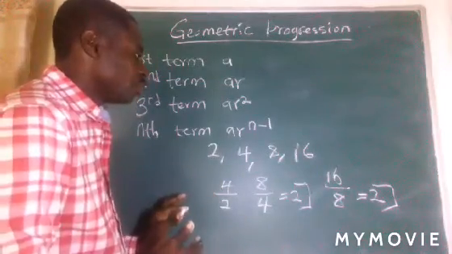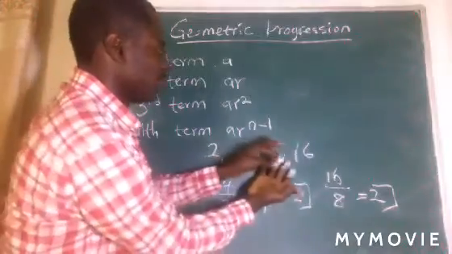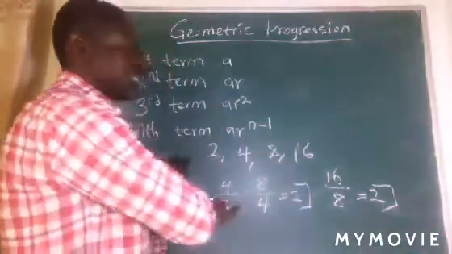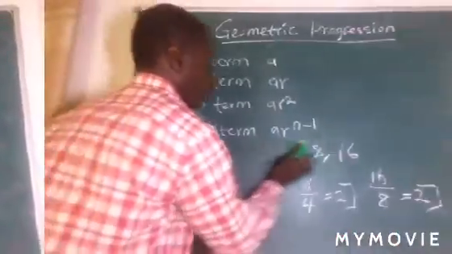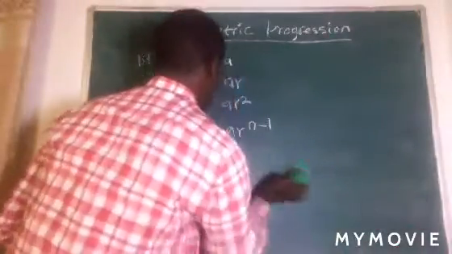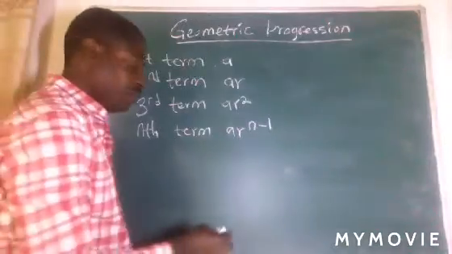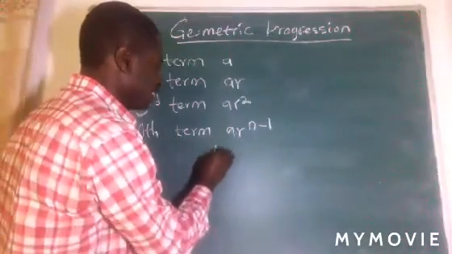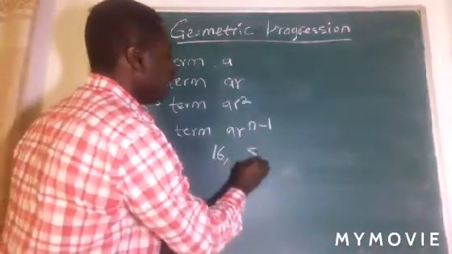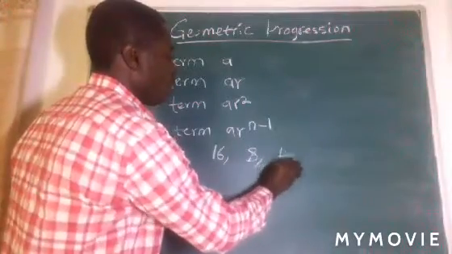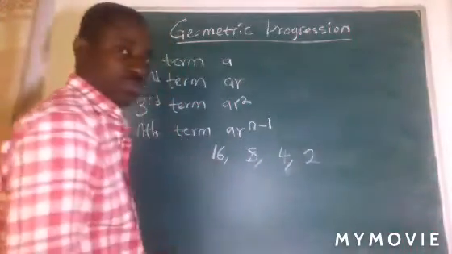All you need to do, for instance, is tilt this to this side. If we tilt it, we have 16, 8, 4, and 2.